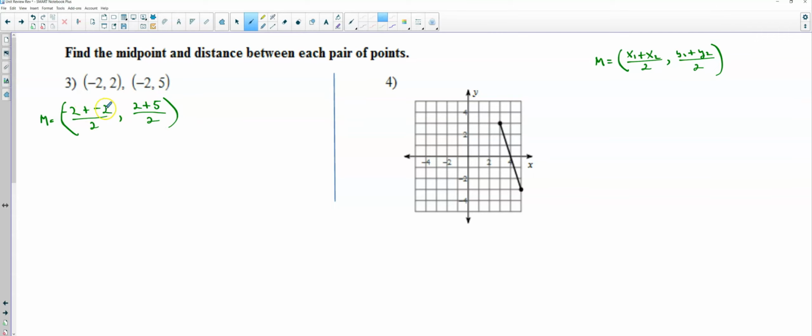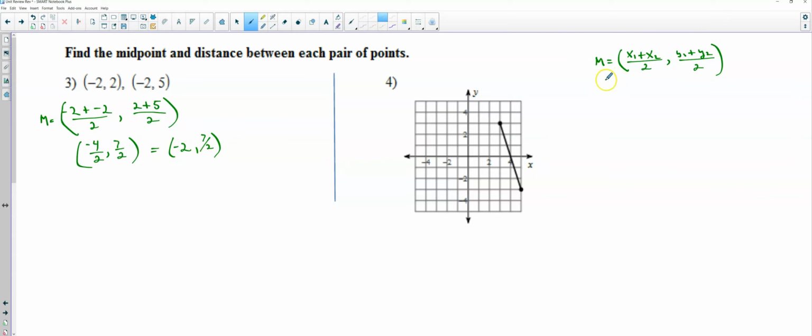Okay, -2 plus -2, that is -4. -4 divided by 2, and 7 divided by 2. Well, -4 divided by 2, remember to simplify that. That would be -2. So then my answer is -2 and 7/2. And that would be my final answer for the midpoint.